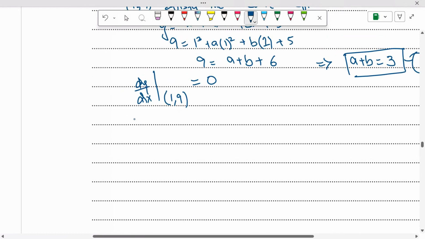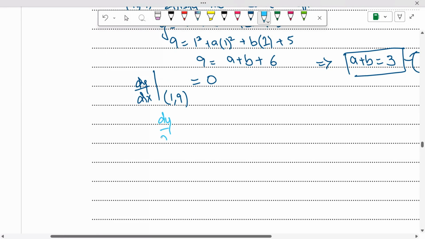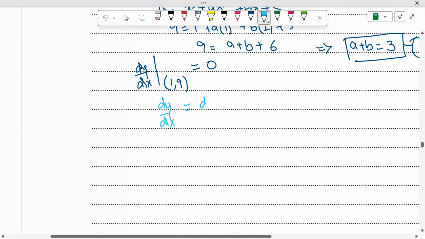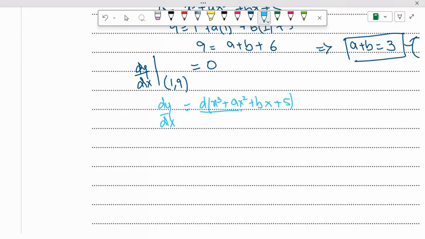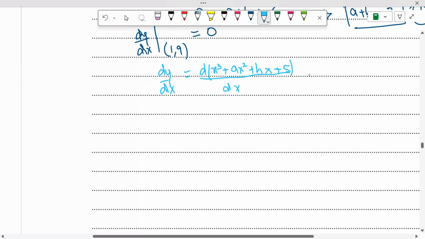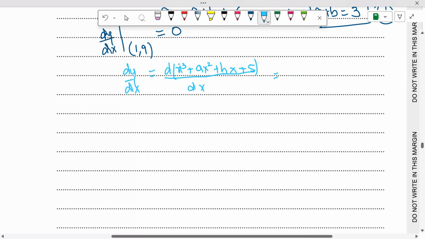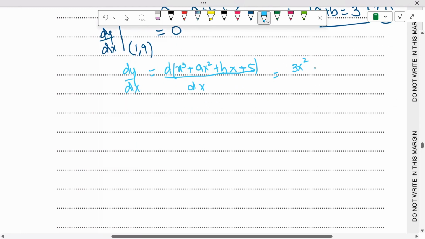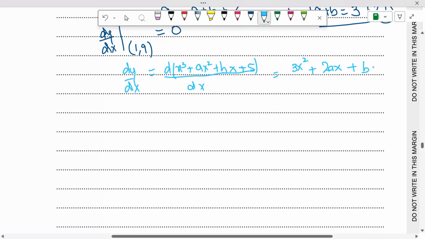First we find dy over dx, which is the derivative of x cubed plus ax squared plus bx plus 5 with respect to x. The derivative of x cubed is 3x squared, the derivative of ax squared is 2ax, the derivative of bx is b, and the derivative of 5 is 0.